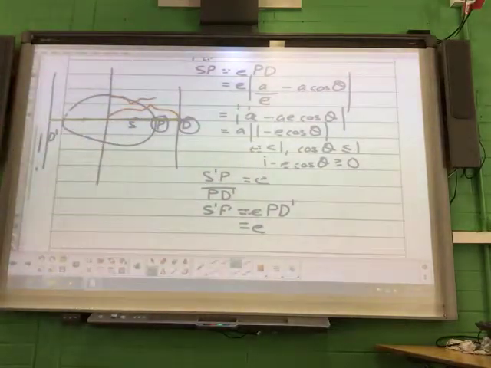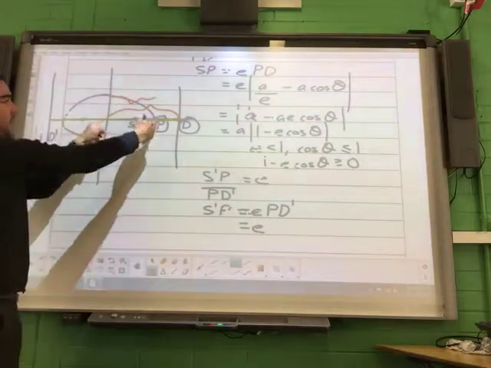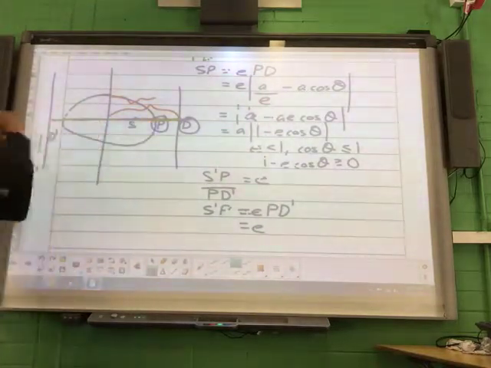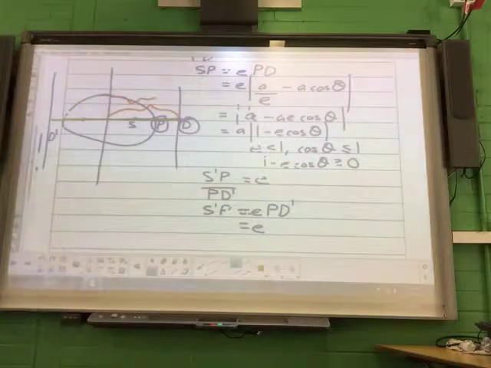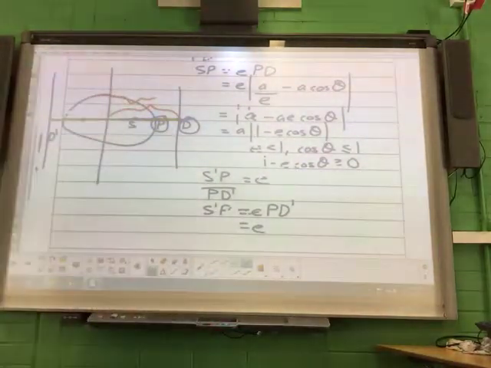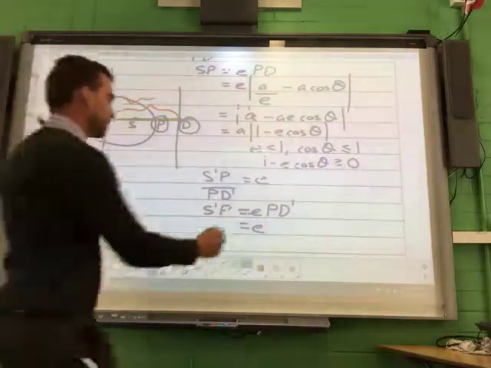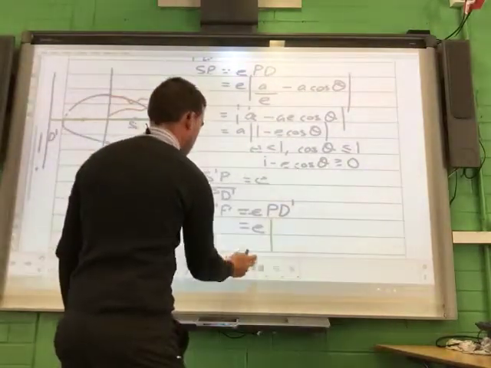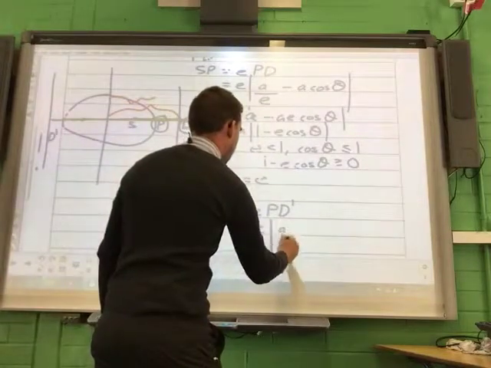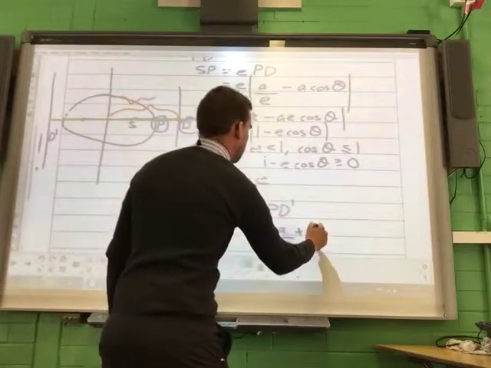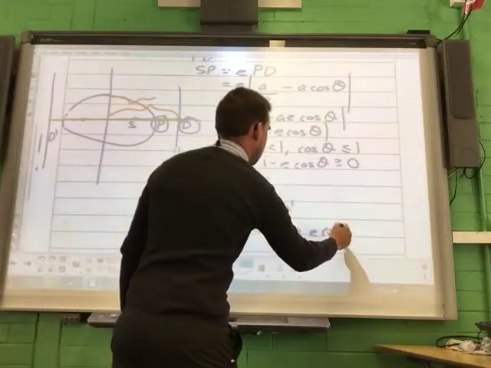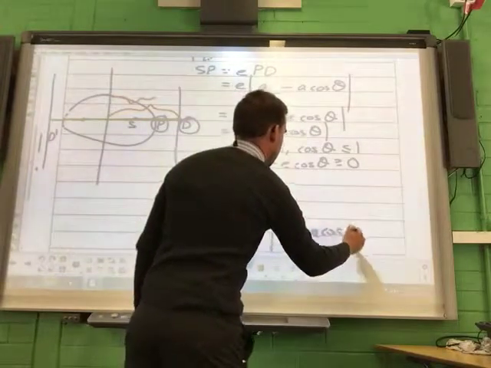Now isn't this the x value of this plus the x value of that, because they're on either side of the axis? So it's going to be A over E plus A cos theta.